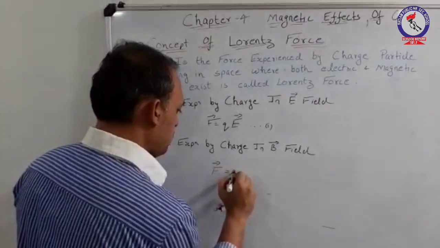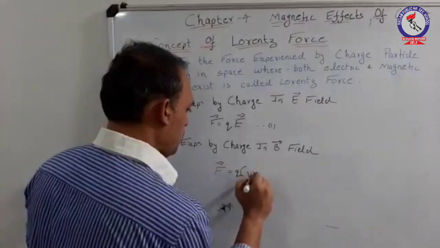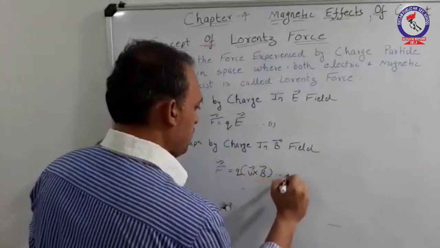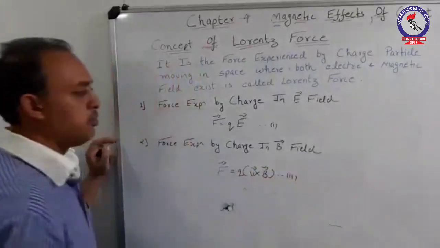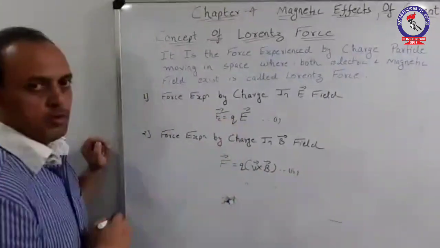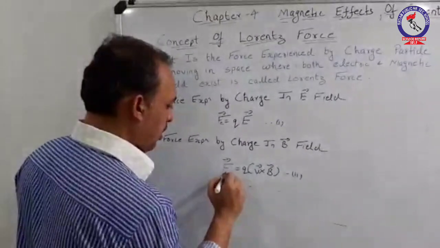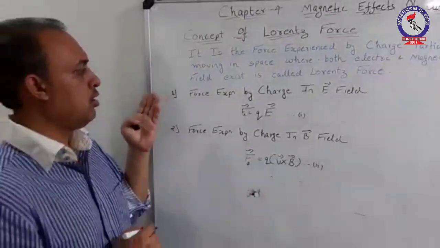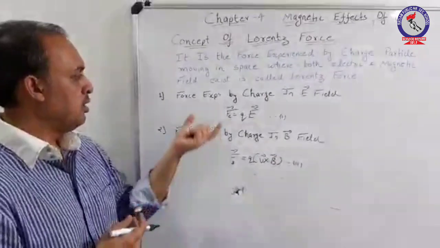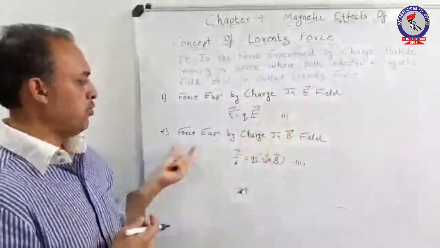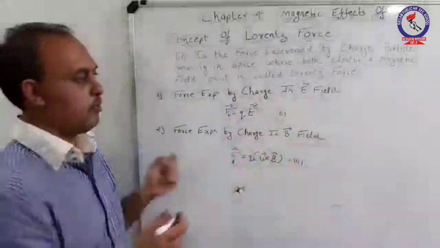F equals to Q V cross B. Let this be equation number 2, giving the subscript Fe for electric field and Fb for magnetic field. So we have calculated the two forces individually, that is the force experienced by a charge in electric field, and the force experienced by a charge in magnetic field.